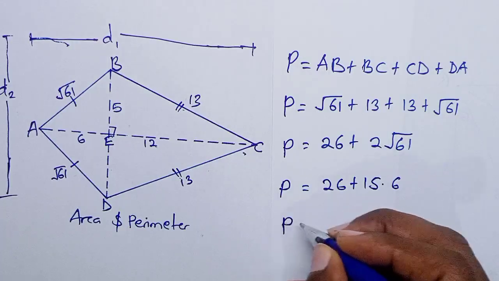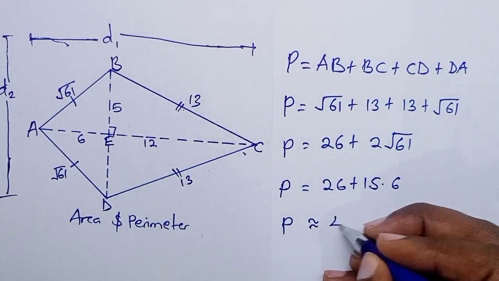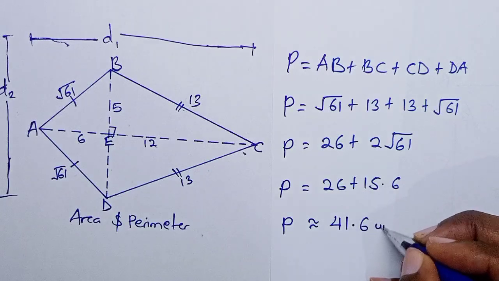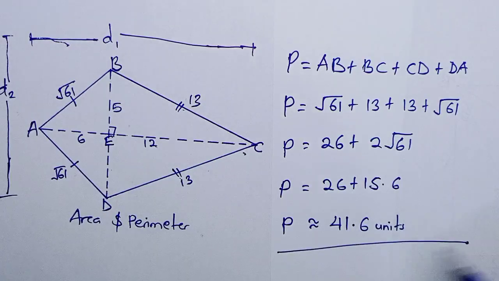Therefore, perimeter will be approximately equal to, when you add these two, you get 41.6. Since it's perimeter, it will be 41.6 units. So that's how you solve.